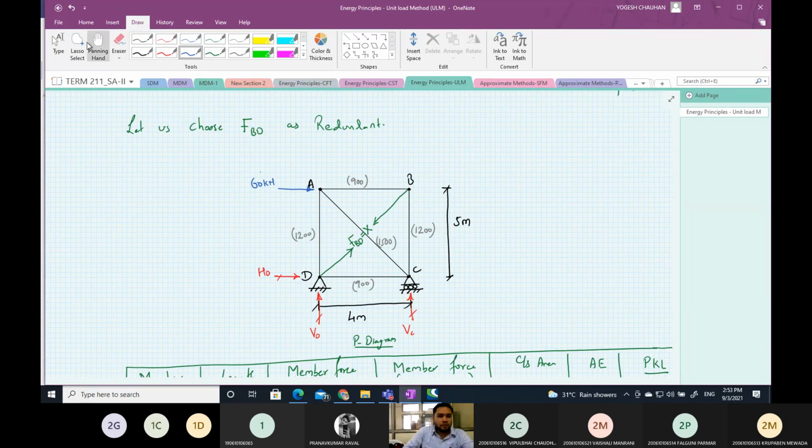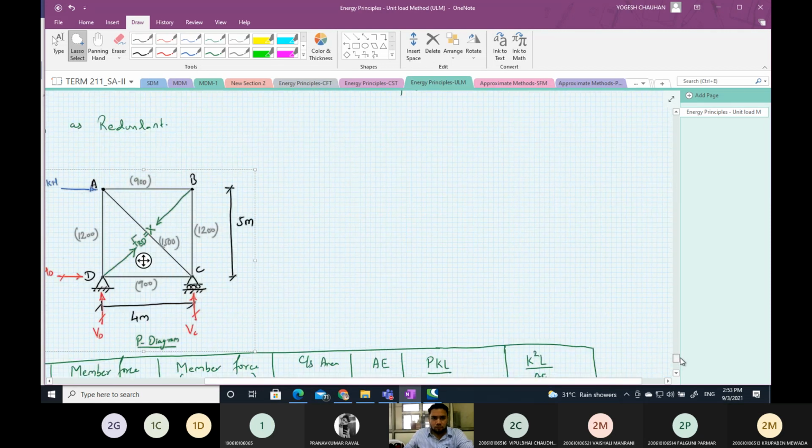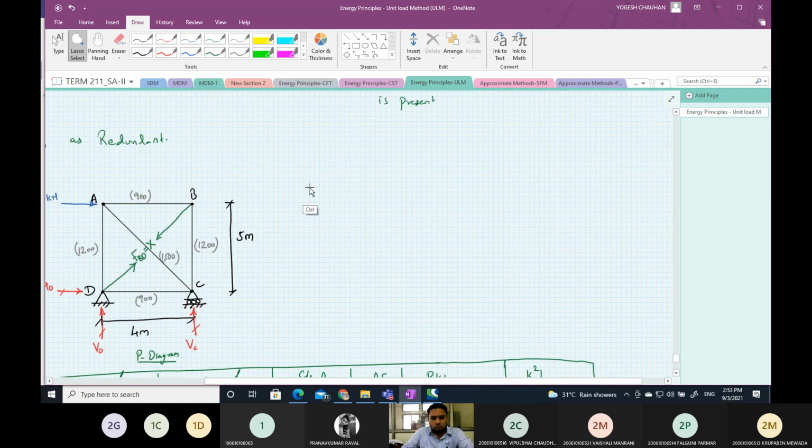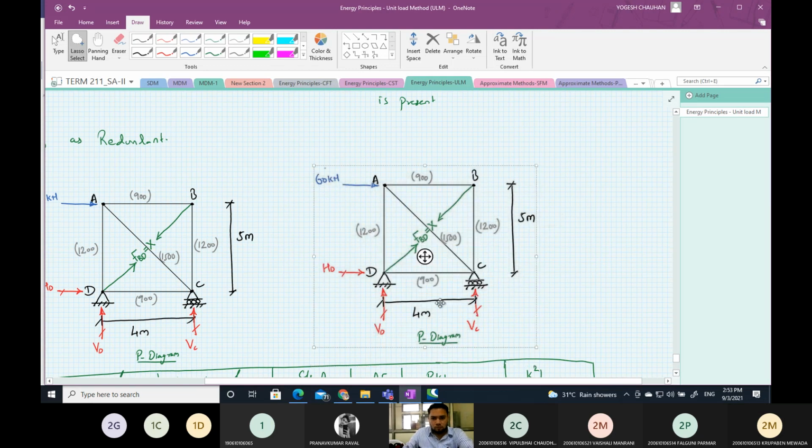This is P diagram, and your K diagram will be as follows.